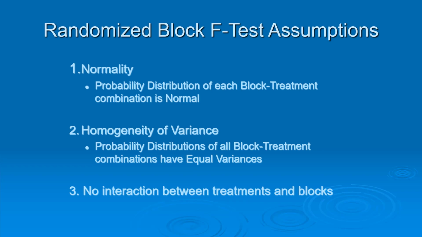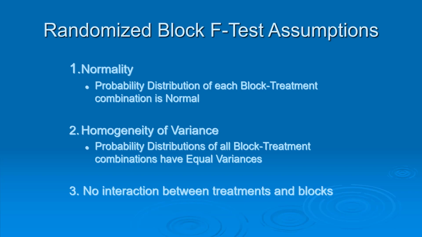This assumption may be interpreted to mean that there is no interaction between treatment and blocks. In other words, a particular block treatment combination does not produce an effect that is greater or less than the sum of their individual effects. The consequences of a violation of this assumption are misleading results.